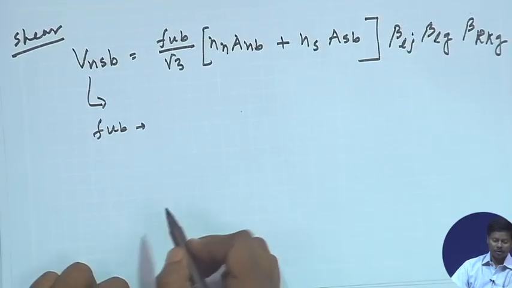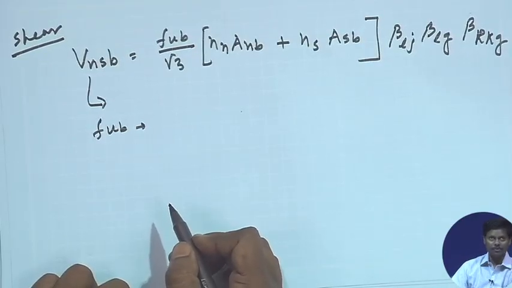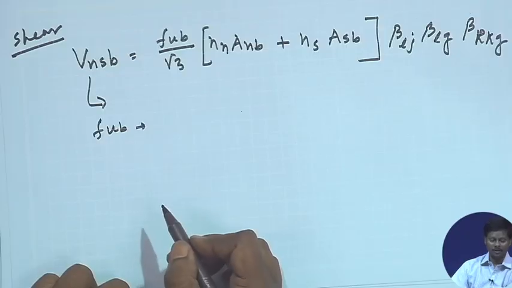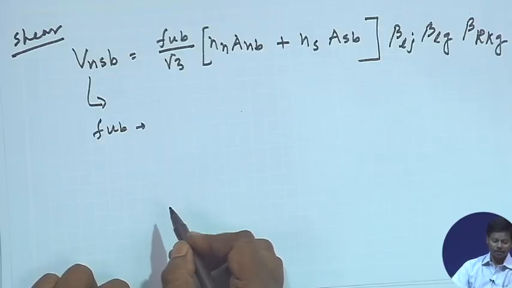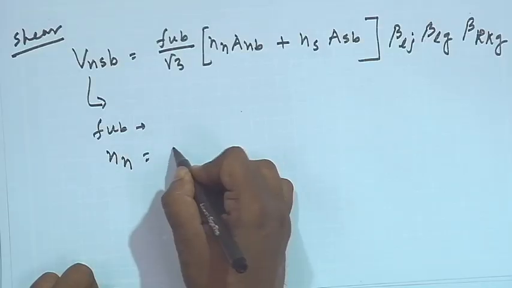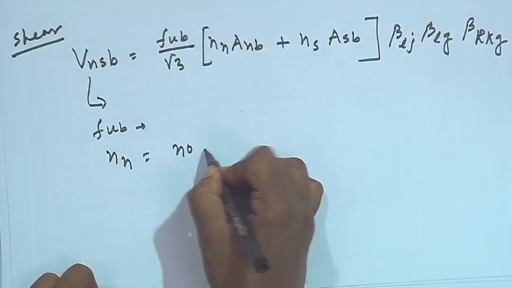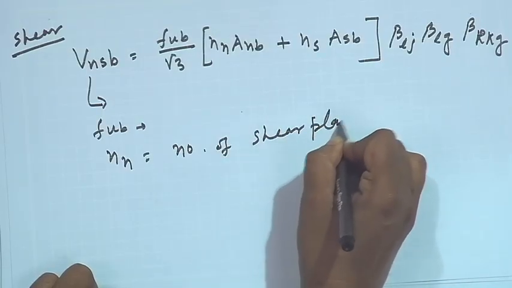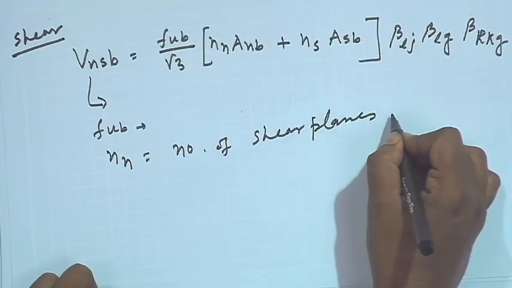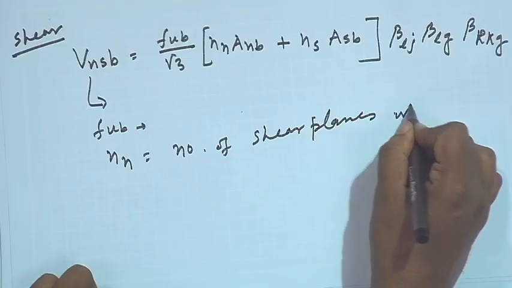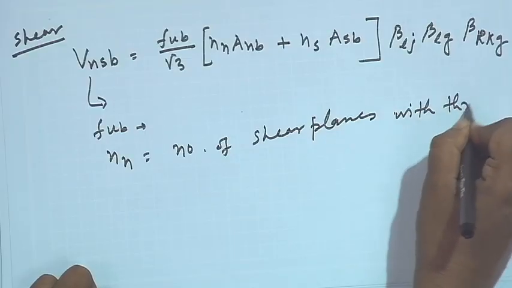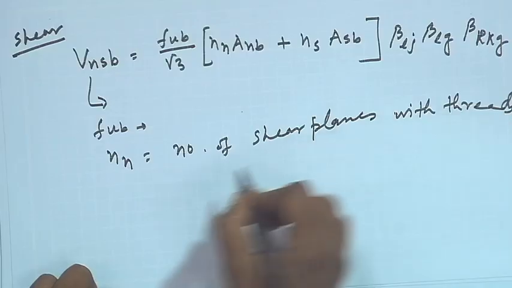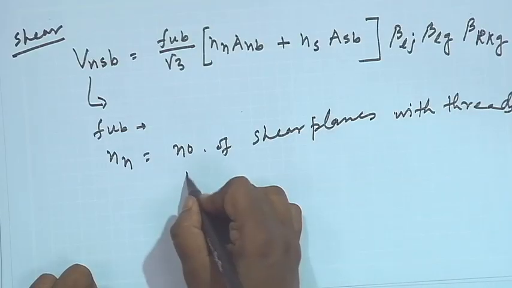So, what type of material we are going to use, depending on that we can find out the value of f_ub. Then n_n is the number of shear planes with threads intercepting the plane.